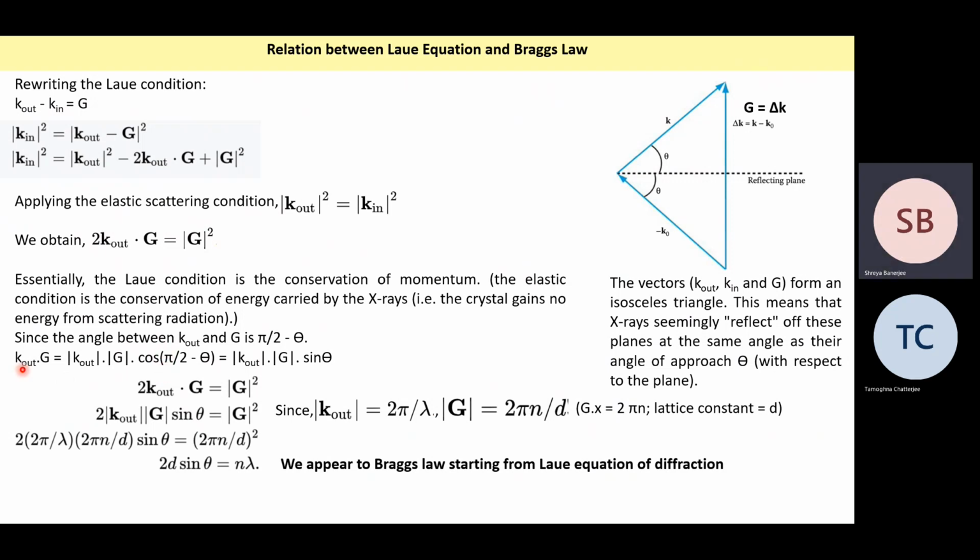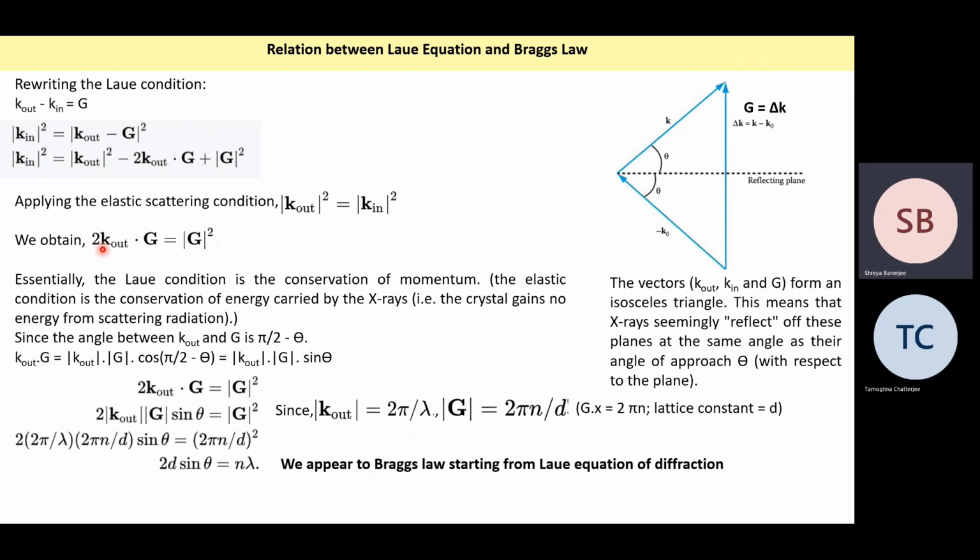The angle between k out and g is 90 minus theta. So you can rewrite this as mod k out into mod g into cos of 90 minus theta, which is basically sine theta.